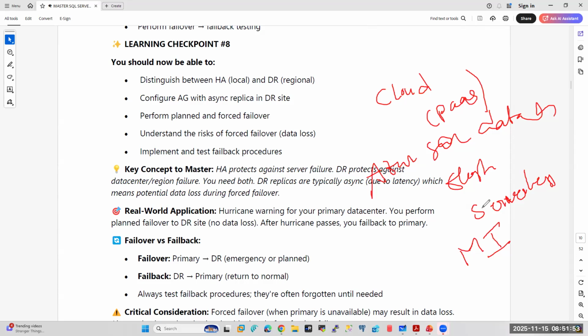Whatever we discuss in the first one month will be almost similar in PaaS also, and we won't discuss it again in PaaS. Only what is different or additional, those concepts we will spend on the PaaS platform, to save time.